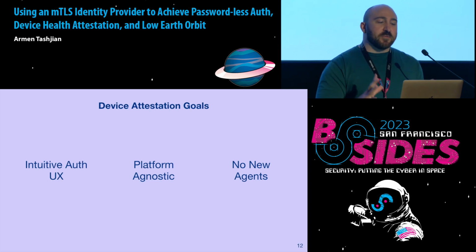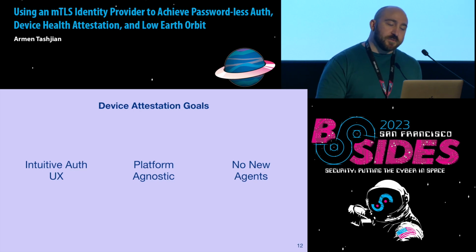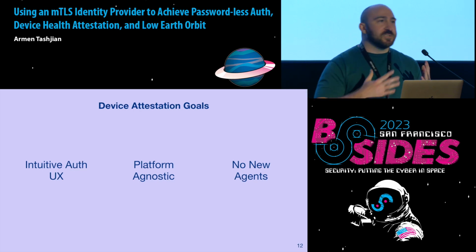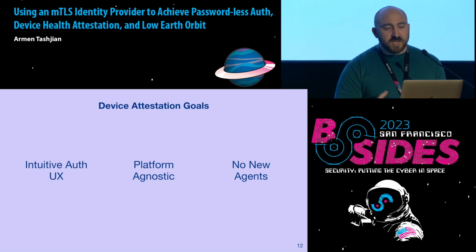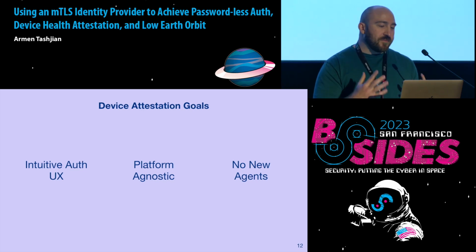There were three things that were top of mind when we were figuring out how to do this. First, we wanted to have an intuitive user experience for our end users. We didn't want to dramatically change how authentication looked or felt. We didn't want applications or users to have to switch between apps or something like that to determine if a managed device was being used.